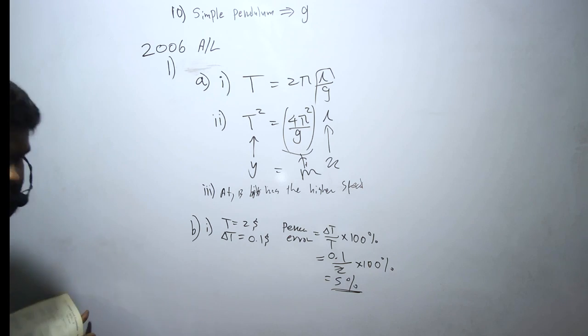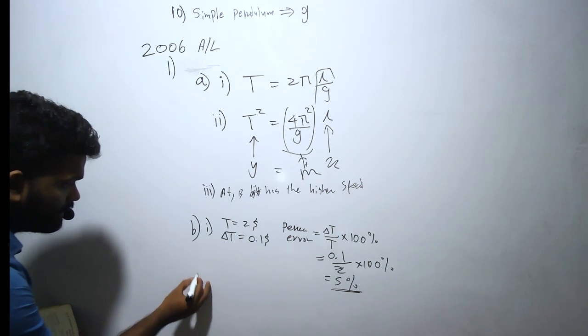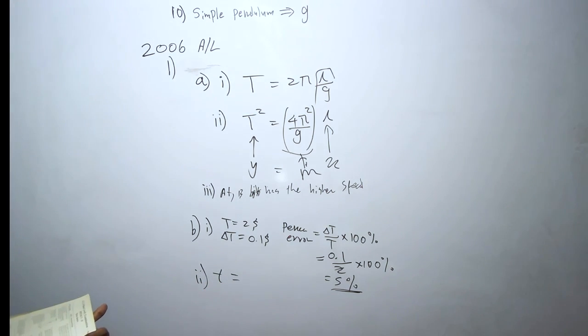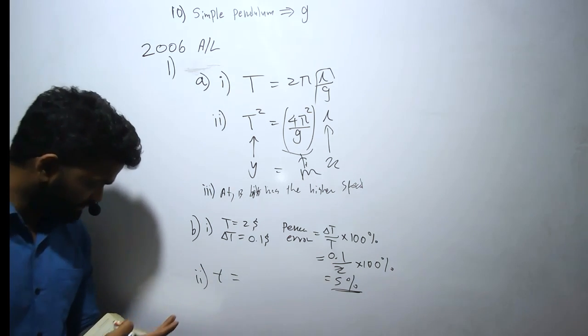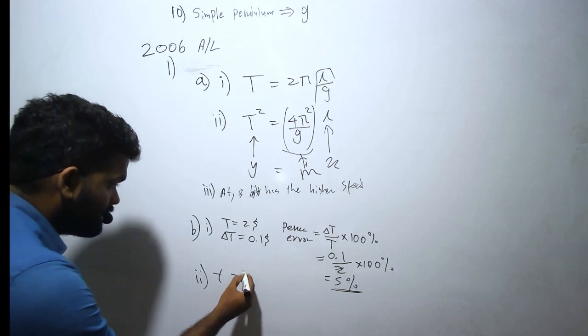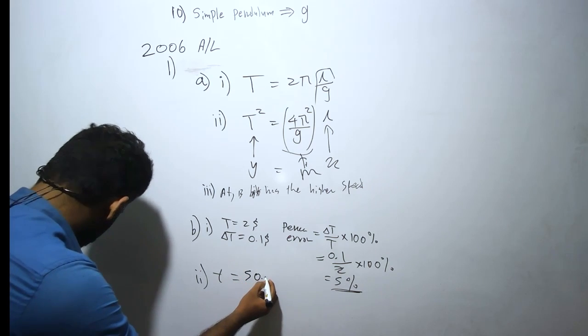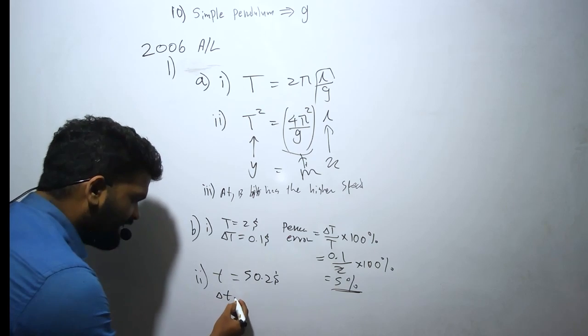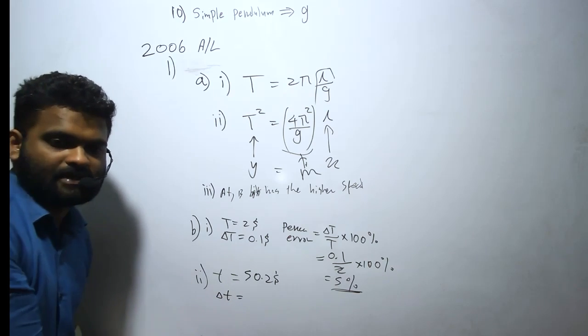Then in the second part, he measures the time for 25 oscillations. He gets 50.2 seconds. Here as well, the least count, we are using the same measuring instrument, right?